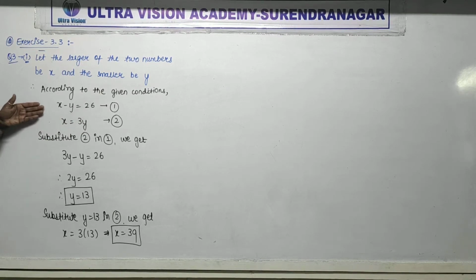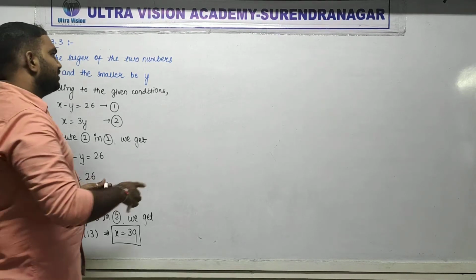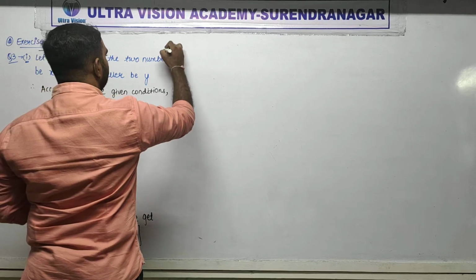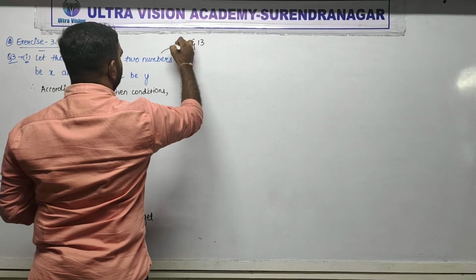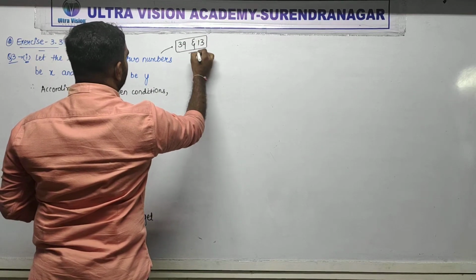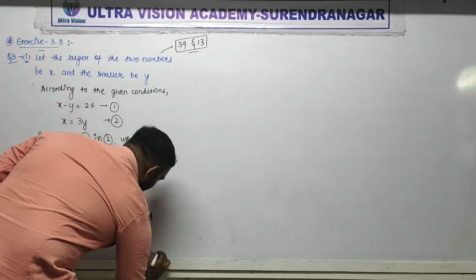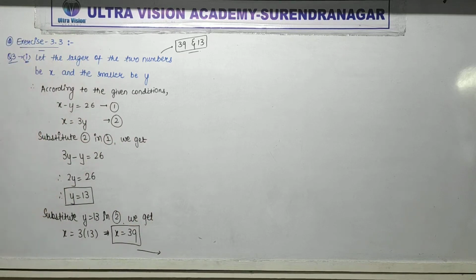So both the values are satisfied in these two equations, and thus the required numbers are 39 and 13. We will conclude the sum with the statement: hence, the required numbers are 39 and 13. Is it clear? Yes. Everyone?